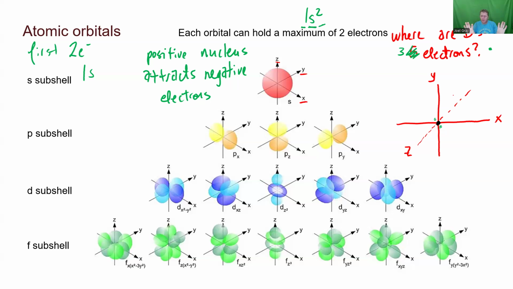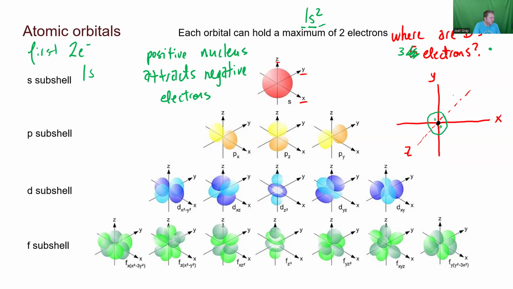We don't want you to be close to the nucleus. So those 1s electrons are both attracted to the nucleus, but then also repelling those 2s electrons.